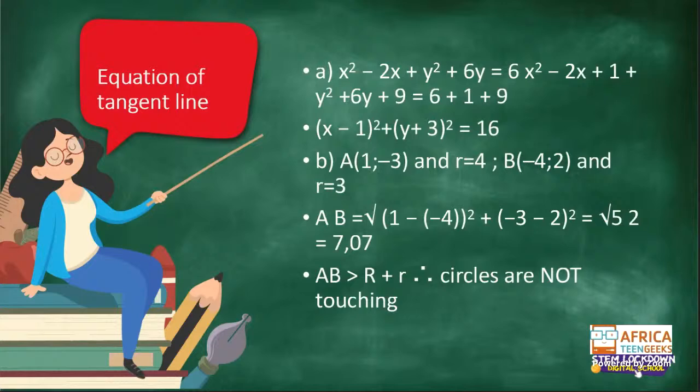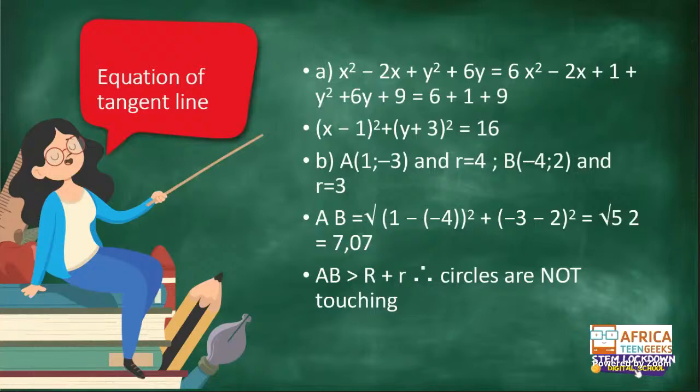Okay, what is the standardized form of the circle? The standardized form of the circle is x minus a all squared plus y minus b all squared equal to r squared.